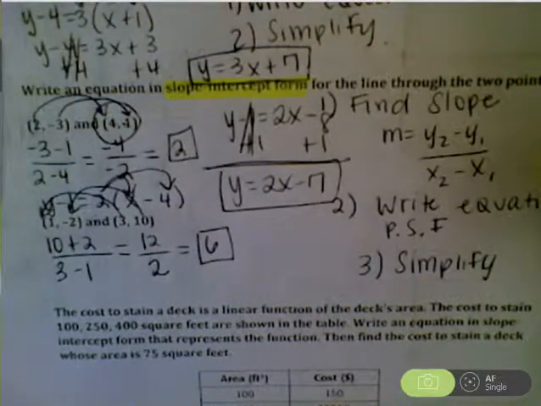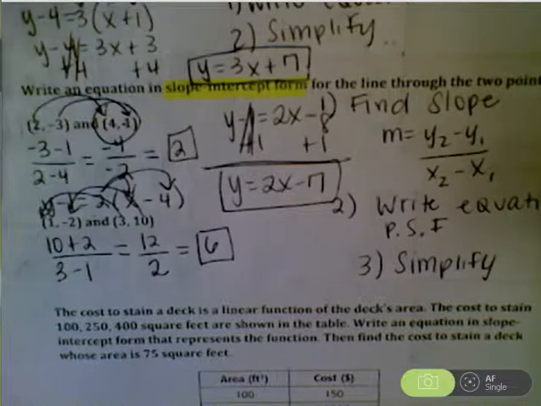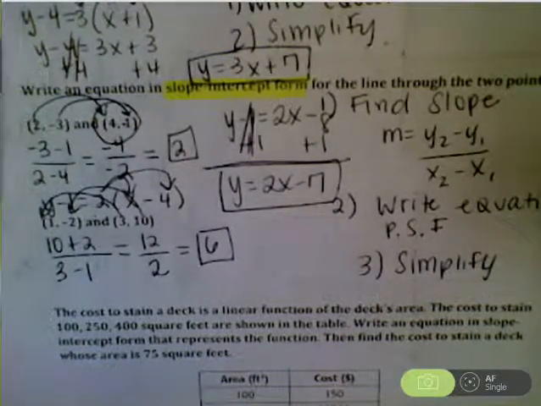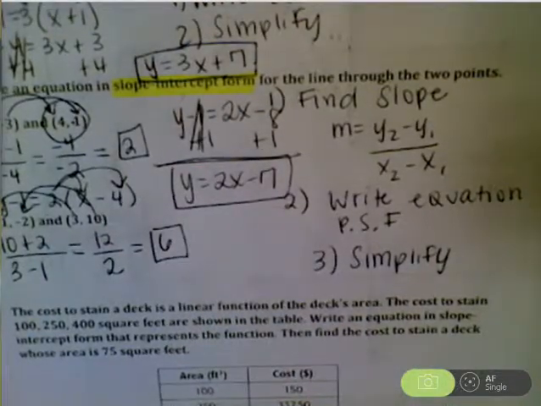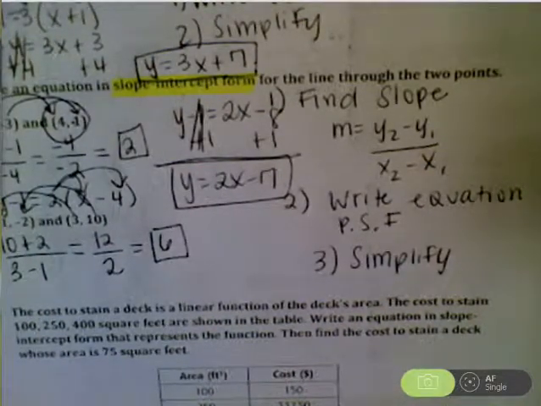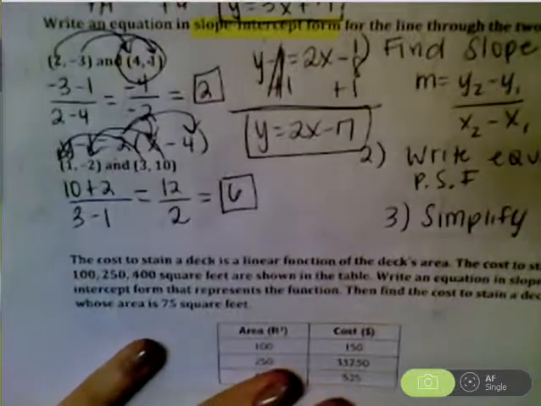Okay, we're going to do step 2. Write the equation in point-slope form. So, Preston, which ordered pair do you want to use?